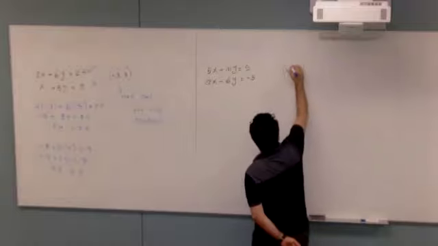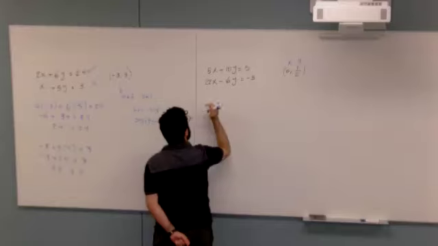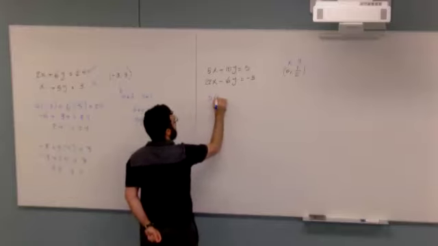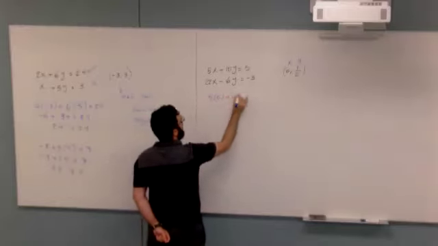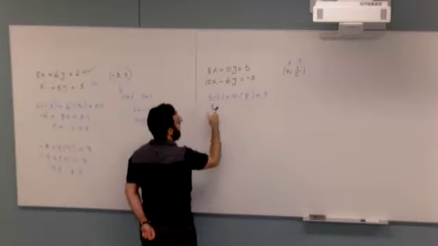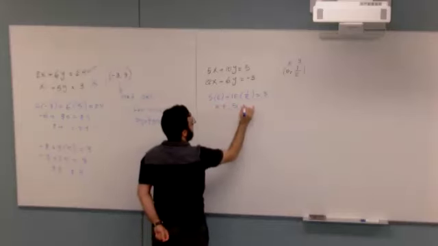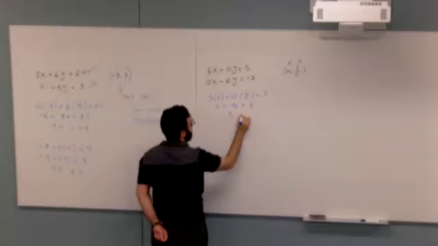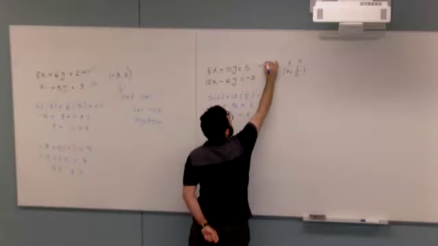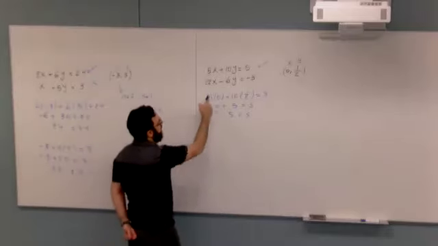The same thing, this is x, this is y. Let's plug in. X here is 0, so 5 times 0 plus 10 times half. Is that equal to 5? 5 times 0 is 0. 10 times half. Yes, that means 5 equals 5. So it satisfies the first one. Let's plug in with the second one.